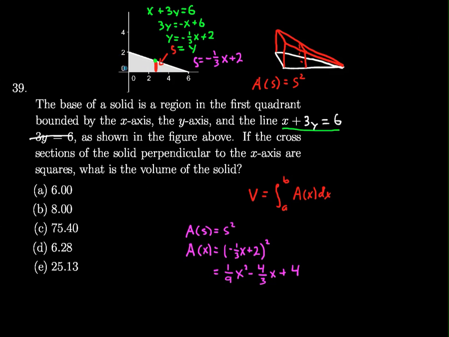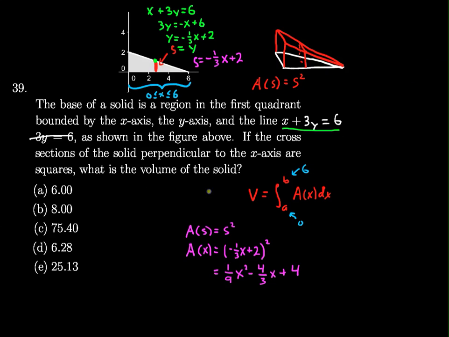Okay, I'm going to be evaluating squares that are perpendicular to the x-axis all the way from where x equals 0 to where x equals 6. These are my limits: 0 is less than or equal to x is less than or equal to 6. So a is 0 and b is 6.